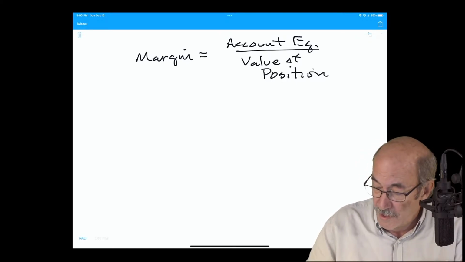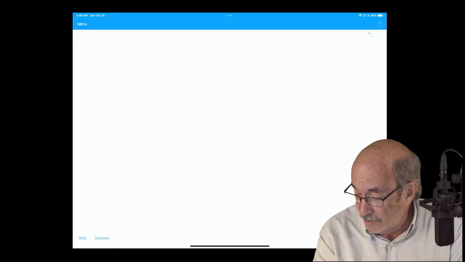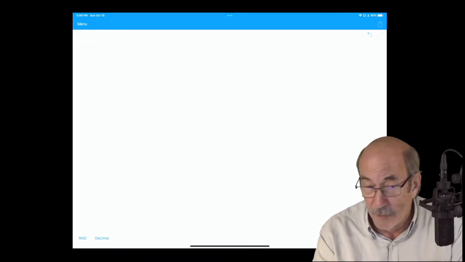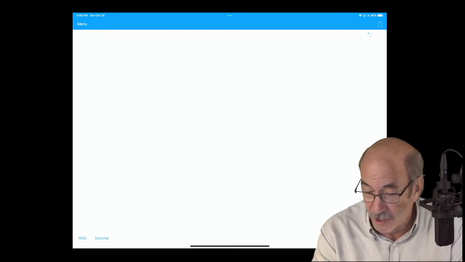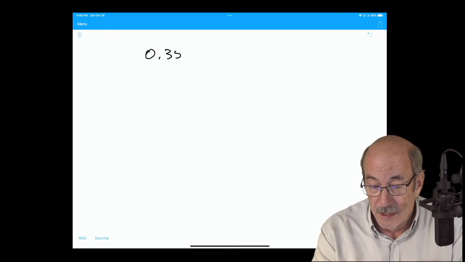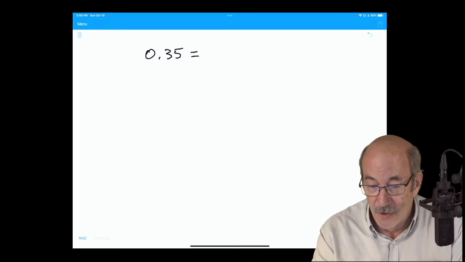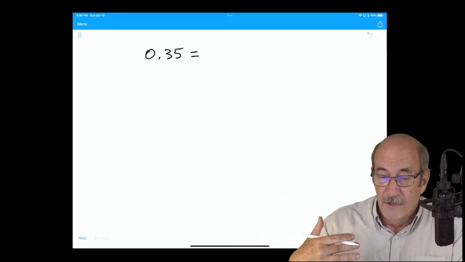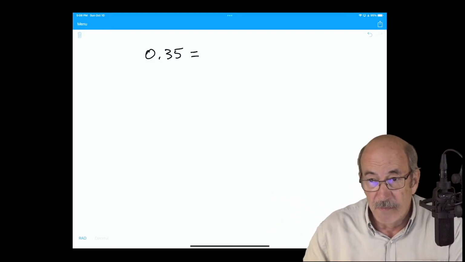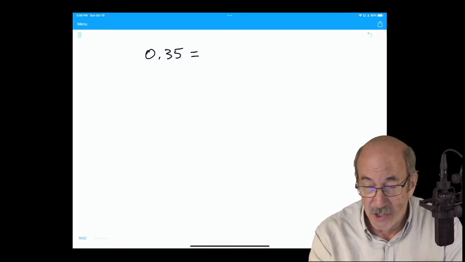We're going to figure out what the price is first. I would start off with that maintenance margin of 35%, and I know that that's going to be equal to account equity over the value of the position. What I need to figure out first is the value of that position.